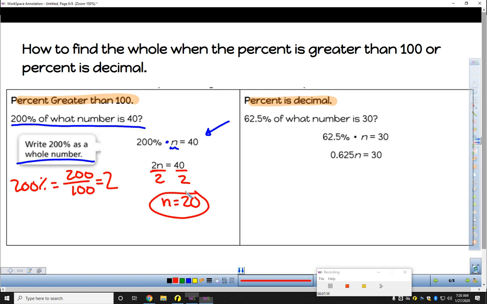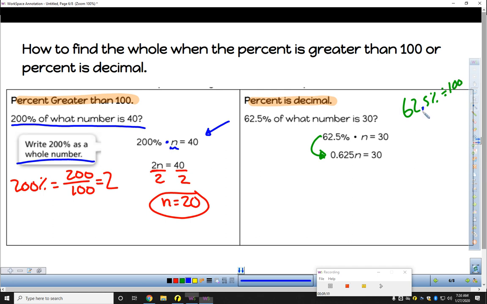What happens if the percent is a decimal? Well, I have 62.5%, and I need to turn this percent into a decimal. How did I get from this equation to that equation, you might ask? Well, I took 62.5% and I divided it by 100, just like I showed you in the previous slide.